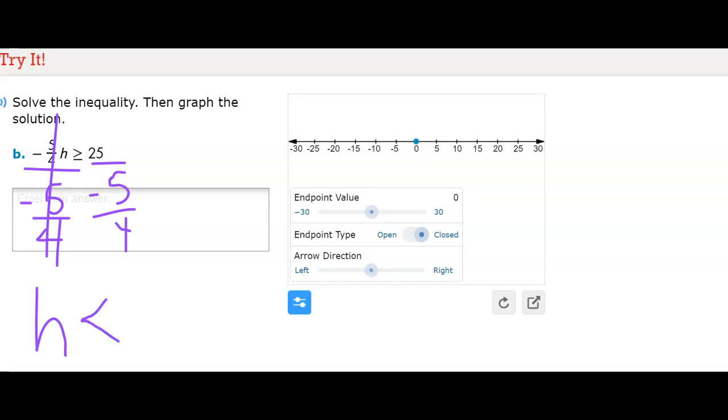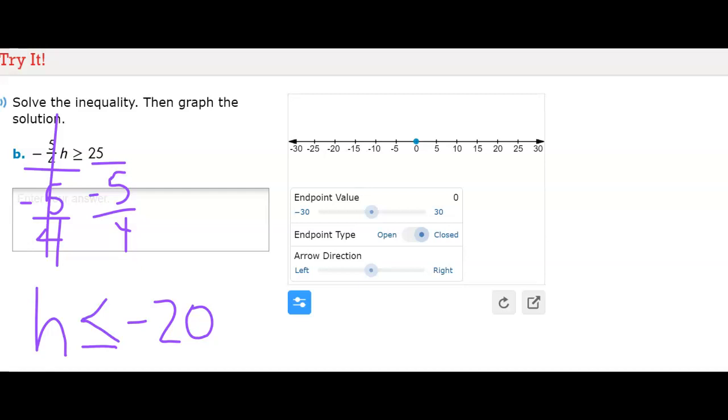Our symbol will change direction, so that it's going to be now less than or equal to. And then 25 divided by -5/4 is going to equal -20. And now we need to graph this on our number line.